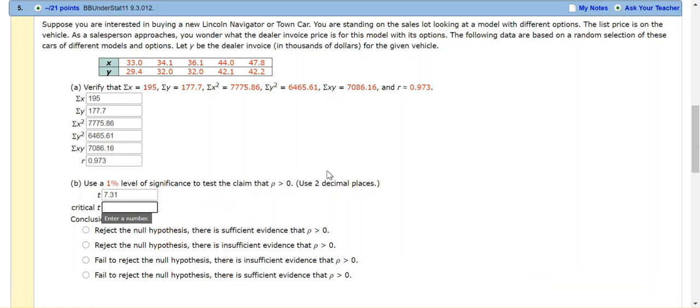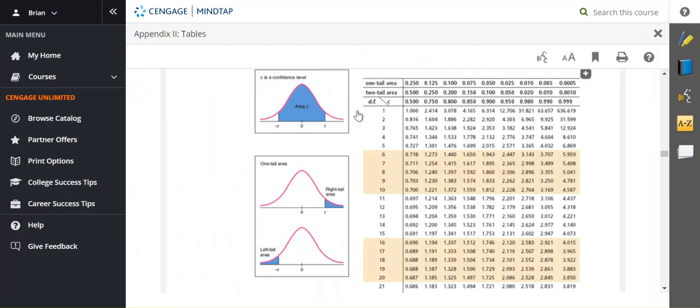Remember, when we're using regression, we use n minus 2 degrees of freedom. n is 1, 2, 3, 4, 5, so n is 5, and n minus 2 would be 3. And this is a 1% level. I look at my student's t table, and this is a one-tail area, since it's a right-tail test.